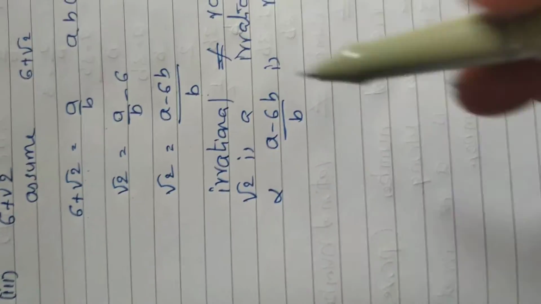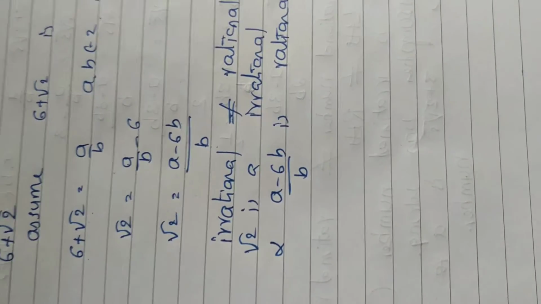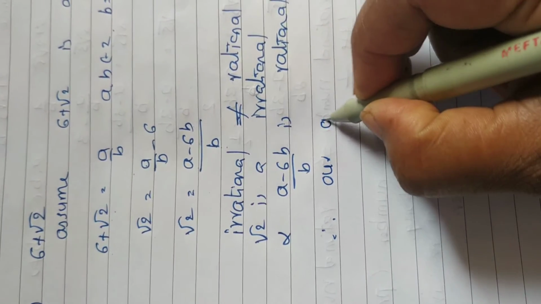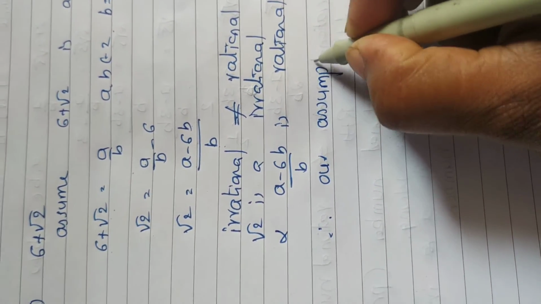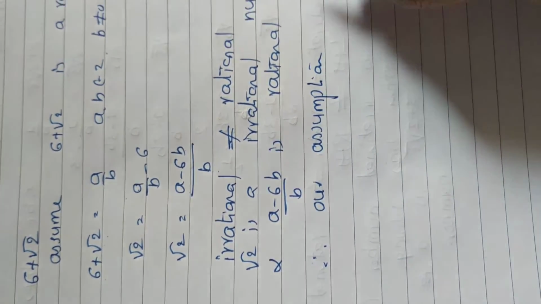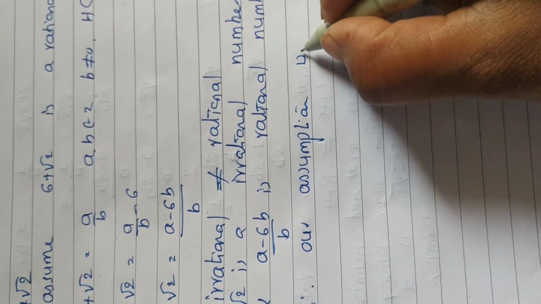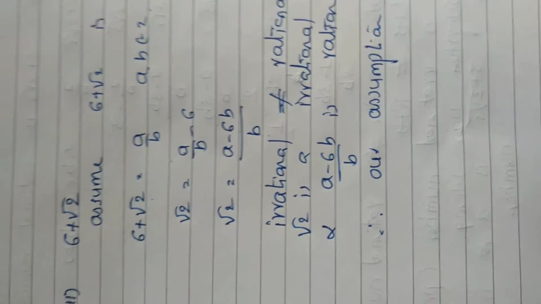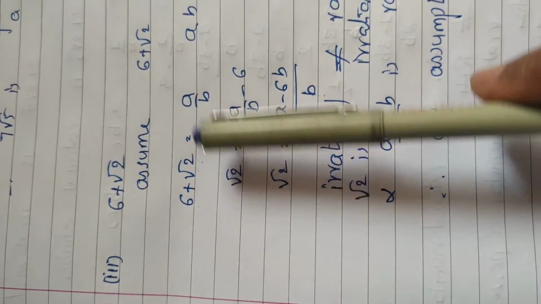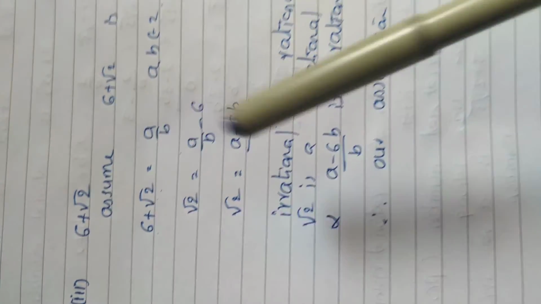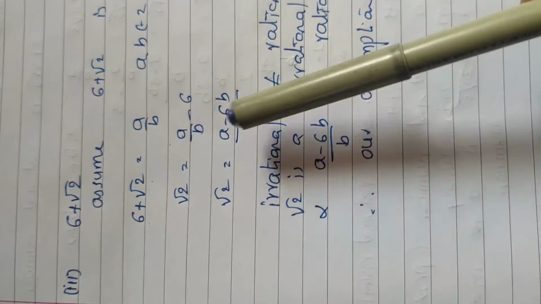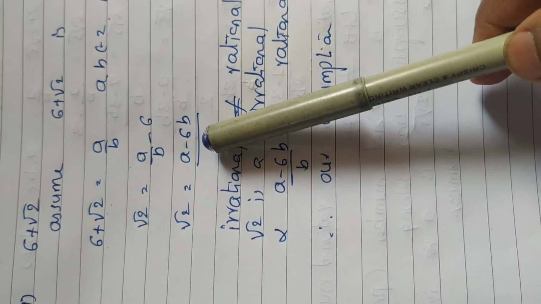So our assumption was wrong. What we assumed, that 6 plus root 2 is a rational number, becomes wrong, because an irrational number is never equal to a rational number.